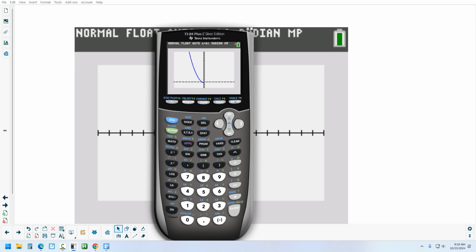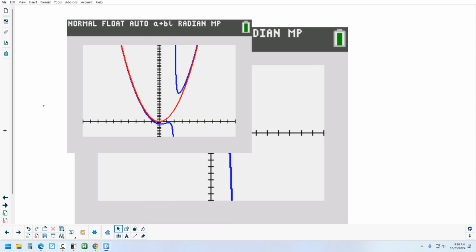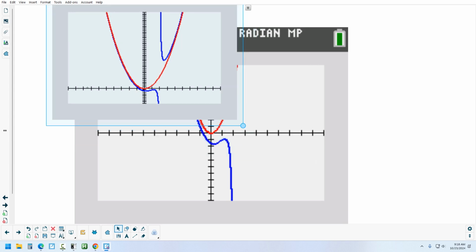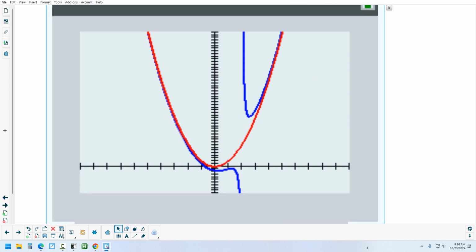So there's the blue one. There was a part to the blue one we couldn't see. Now you can see that the blue one and the red one are getting closer and closer together on the ends, not in the middle.